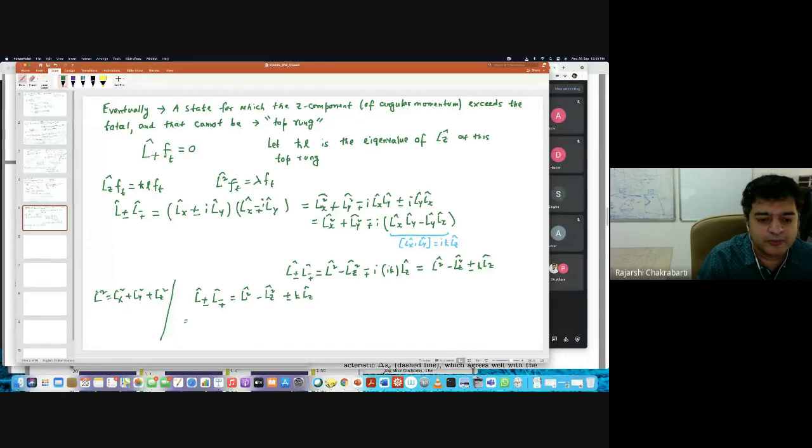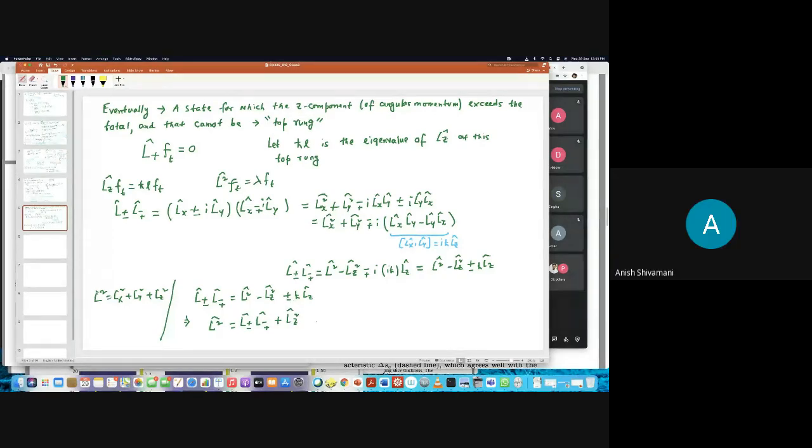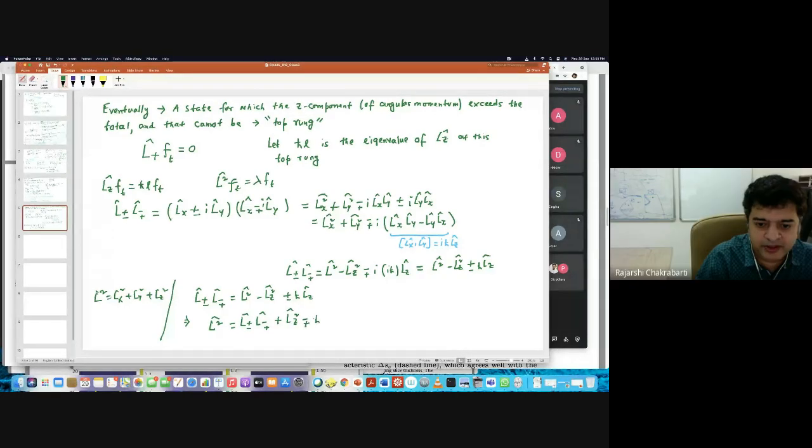This implies that I can express L square. L square is going to be what? L plus minus L minus plus. L square I take on the other side, these two I take on the other side, plus Lz square. What is going to happen to this one? Minus plus ħ Lz. Is this clear, what I've done here so far?